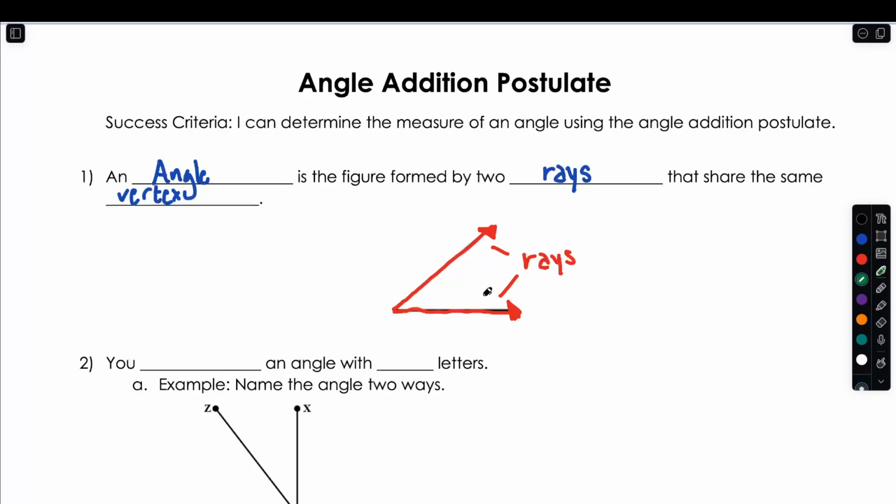And the point that they're both starting from, this point right here, is called a vertex. Vertex is a very important word. It's something you should know for the rest of geometry at least. And lastly, everything in between all of this, that's the angle.